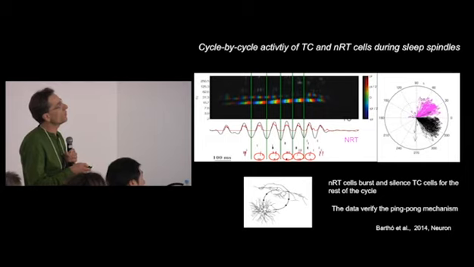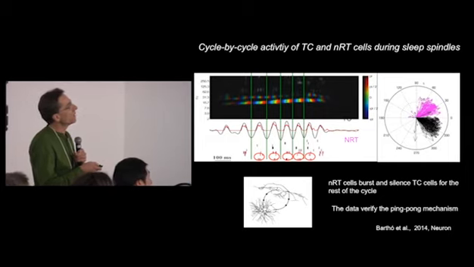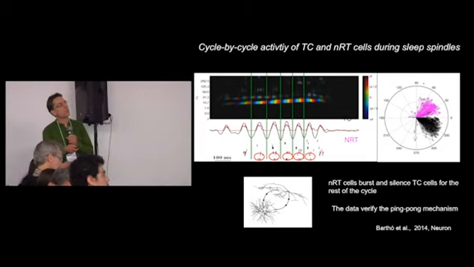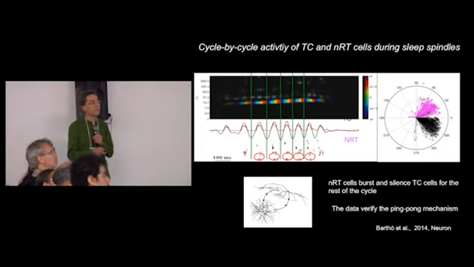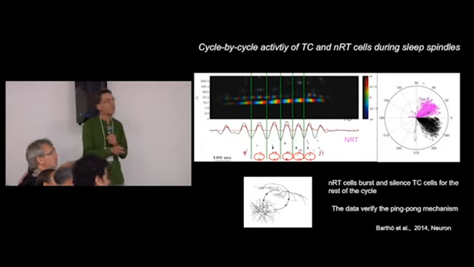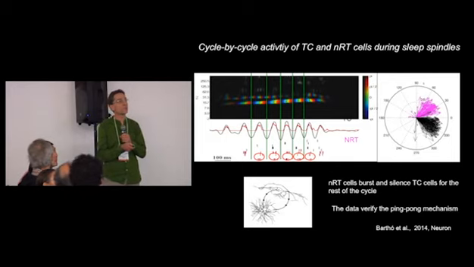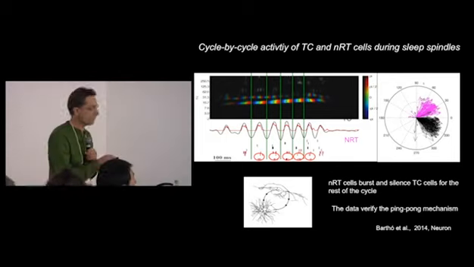So basically what you see is that in every cycle, first you have TC activity followed by NRT activity, and then a long silence. And this is translated to the phase histogram: first you have the black, the thalamocortical cells, they excite the inhibitory cells, that's why those come later, and then a long silence and the rebound. So apparently these data clearly demonstrate that you have a ping-pong mechanism: excitation, inhibition, rebound.